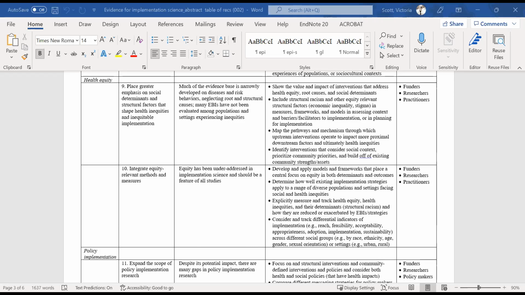I'm looking for specific mention, especially if there's going to be a section about health equity set apart from the others, about partnering with stakeholders or members of a population. It relates to Jody's comment about what the questions are that you're asking, but also the methods that you're using and the measures that you choose to use.